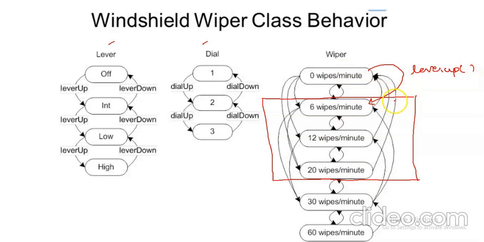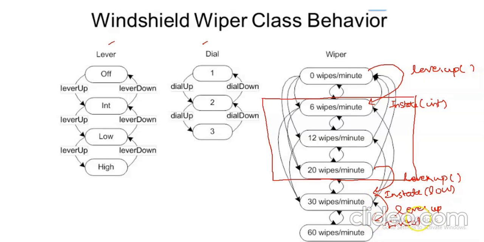From the INT state to low, I have to call another lever up function. Now my lever is at the low state. Then again I call the lever up function. Now my state is high.